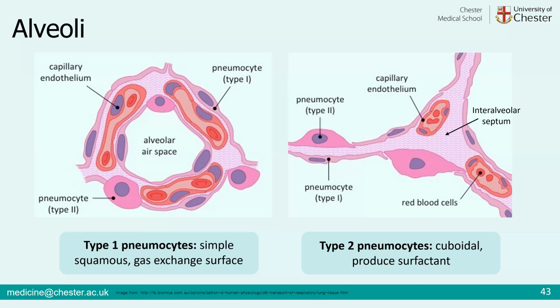Whereas the type 2 pneumocytes, even though there's more of those in number, around 60% of the pneumocyte population, comprise only about 10% of the alveolar wall. So the majority of the alveolar wall, where the gas exchange is taking place, is those type 1 pneumocytes. But those type 2 pneumocytes are numerous because they're really, really important.